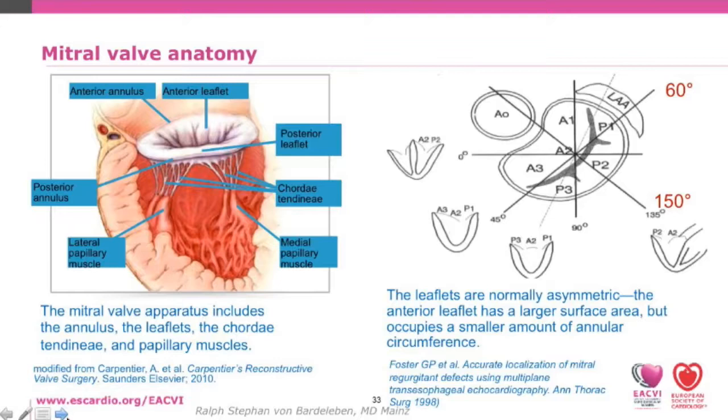And of course, if we have an overview of the situation, we see that the intercommissural view typically is depicted at 60 degrees, and that we have a three-chamber view at 150 degrees. The leaflets are normally slightly asymmetric, but you see that the anterior surface has a larger area.